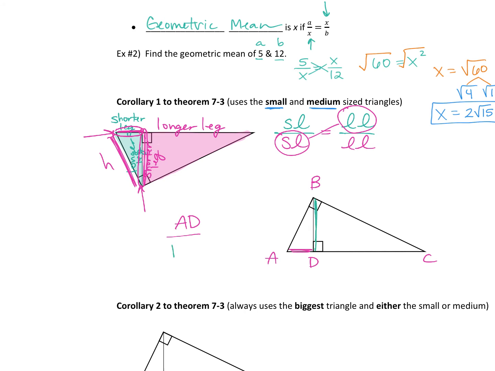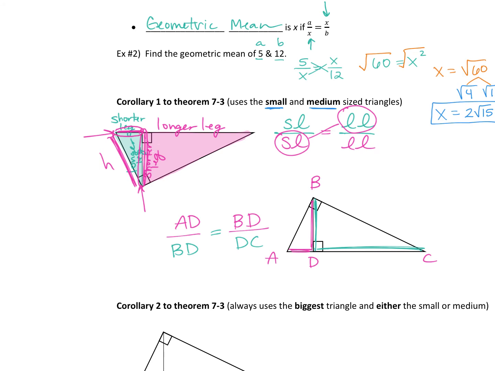So AD over BD equals, now going shorter leg of the medium triangle, longer leg of the small triangle, BD over the longer leg of the medium triangle. That proportion will always be true in right triangles like this.